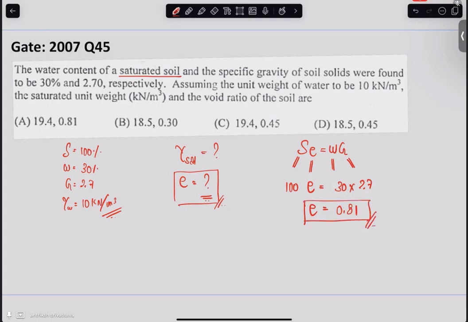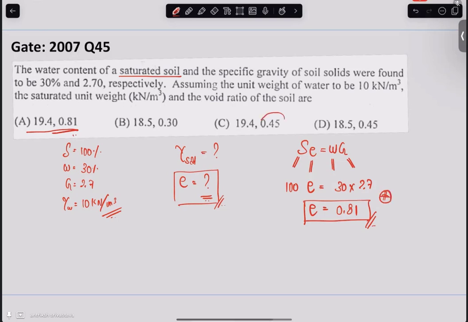Now wait here and look at the options. If you are confident enough in your calculation, you can see that there is only one option that satisfies this criteria of e being 0.81.